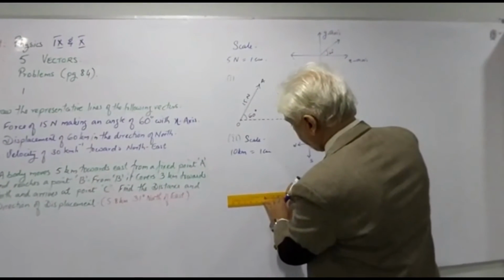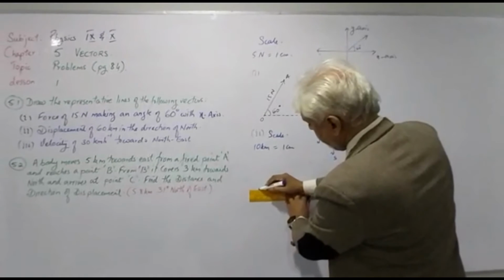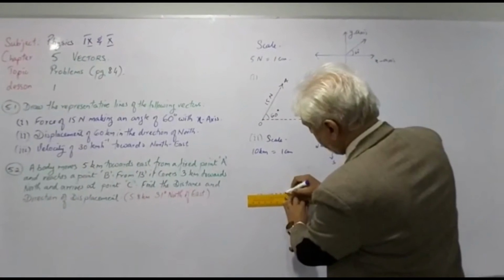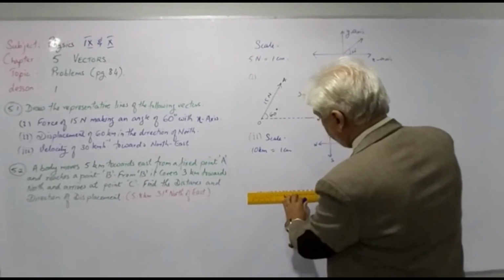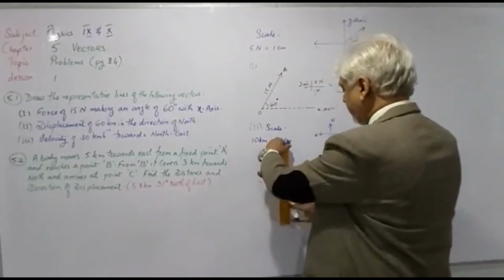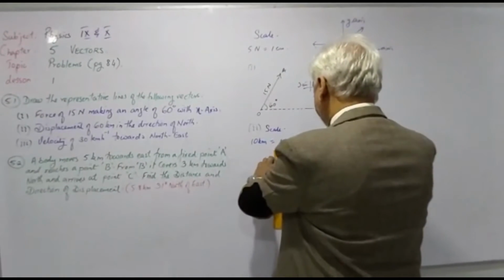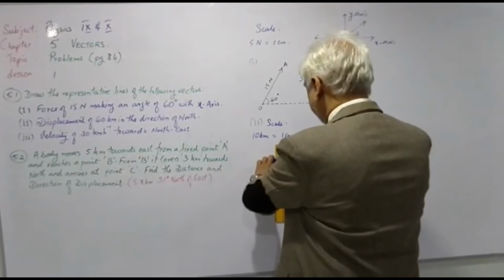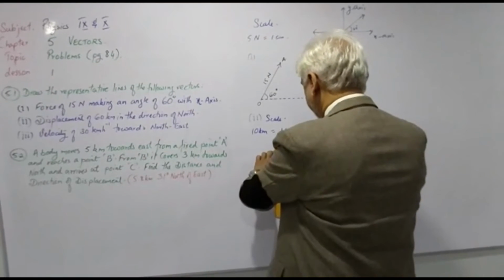Let's say this is a horizontal line. I'll draw 90 degrees. Okay, I'll just draw two lines, making a 90 degree angle. I'm just drawing a rough figure over here so that you know what exactly I'm doing.